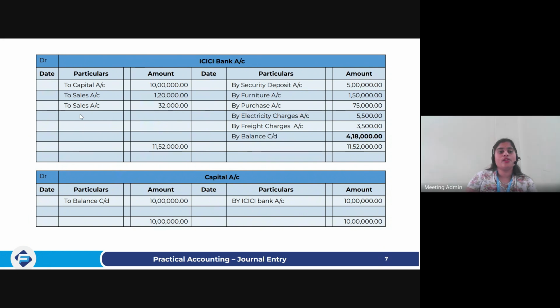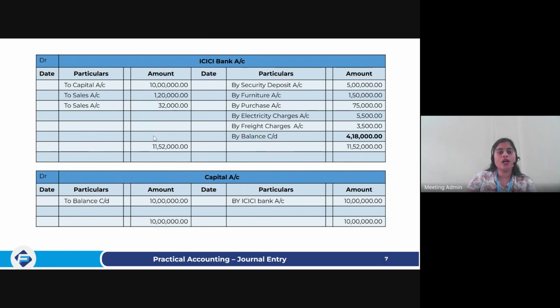Okay, on the debit side, you will record all the incomes. Through the ICICI bank account, whatever transactions you have made, everything you are going to record here. As I already said, the debit side as well as the credit side should be equal.